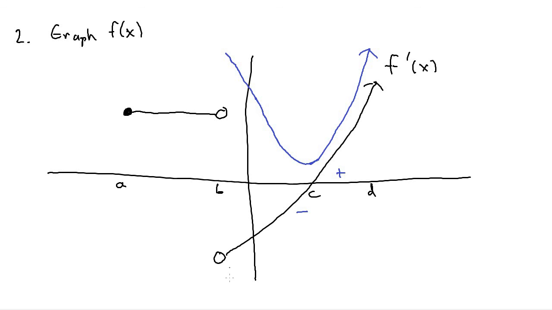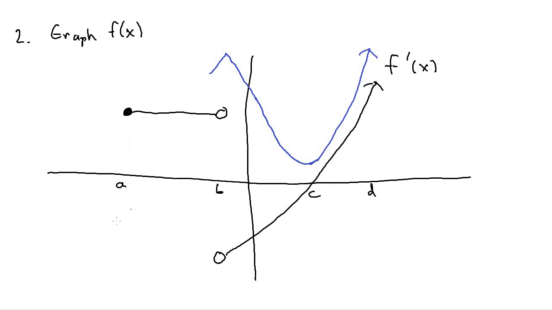And you see how to the right of point B, it has a negative derivative, which means the graph has a negative slope. And to the left of point B, it has a positive derivative, which means the slope will be positive. So it's most likely going to look like a sharp turn, like so.